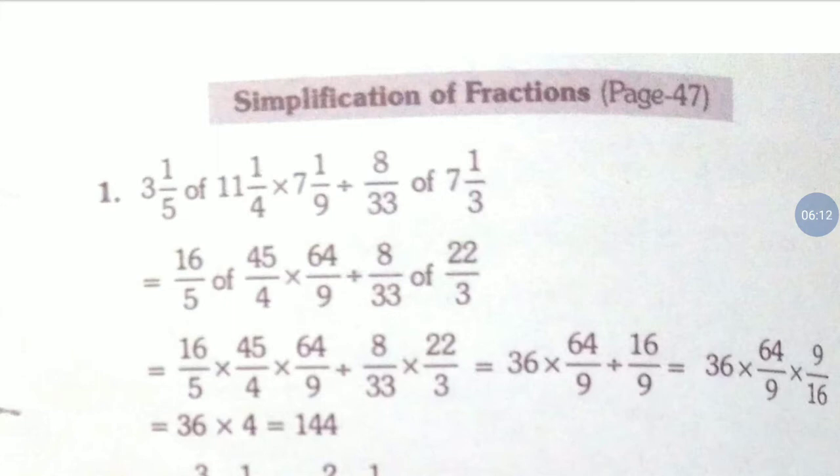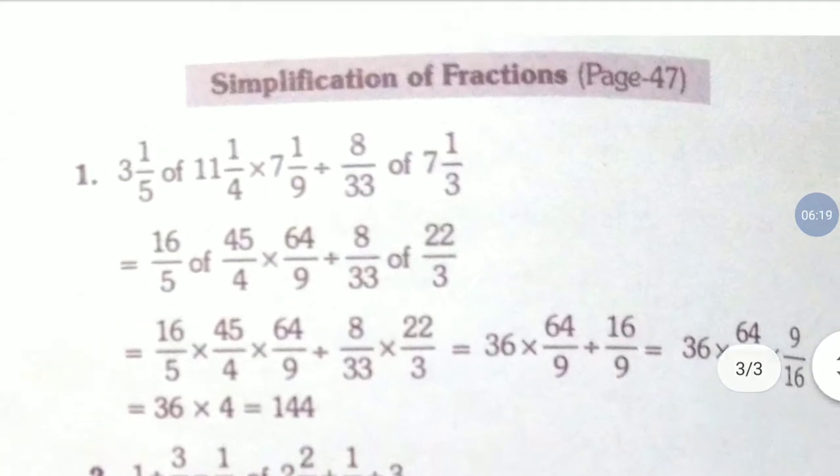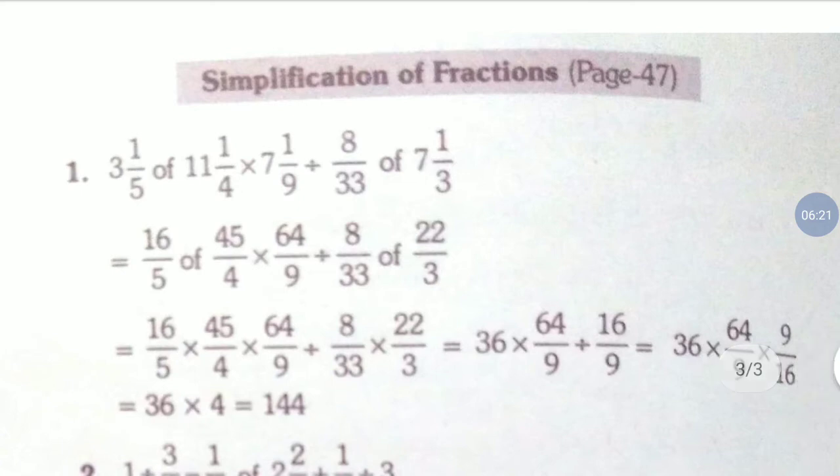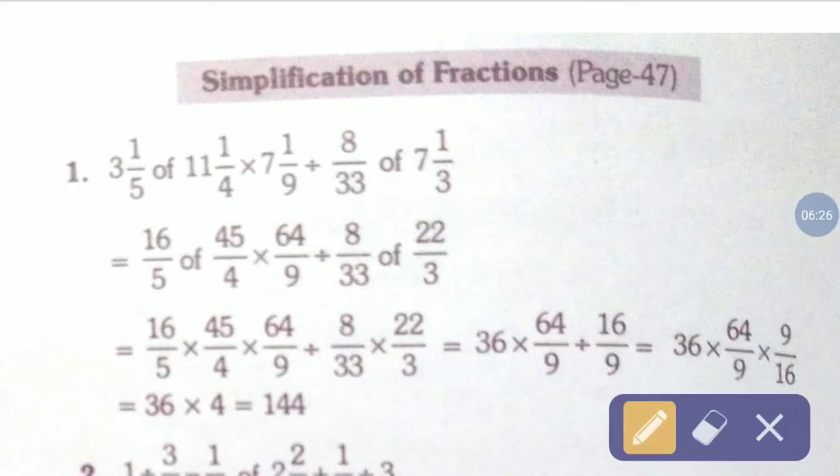So as we know very well, when we do the division, what do we do? We convert that division sign into multiplication and take the reciprocal. Same thing we will be doing. That will be 36 multiplied by 64 upon 9 multiplied by 9 upon 16.